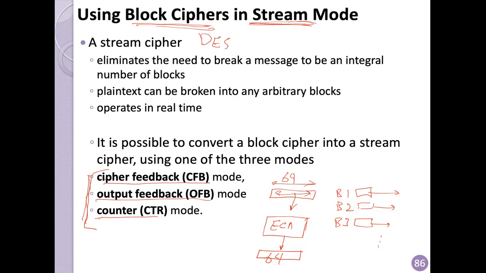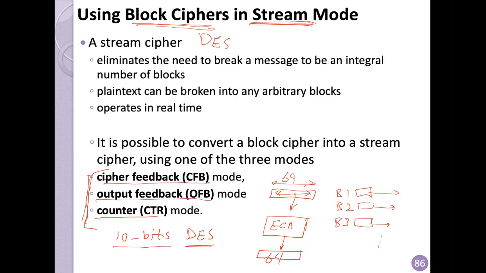For example, you might be able to encrypt 10 bits of data using DES, which normally is not feasible, because DES needs 64 bits to start the encryption. But if you use DES in the CFB mode, you would be able to encrypt only 10 bits of data. So this is a great feature that these 3 modes of encryption give us.